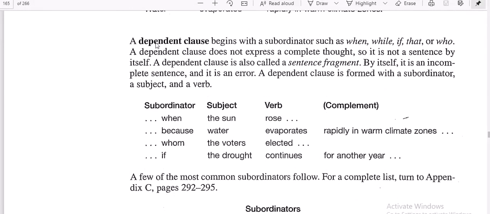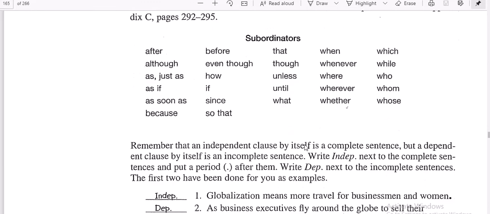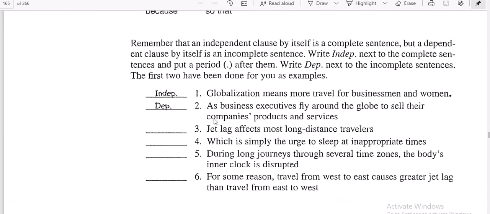A dependent clause starts with a subordinator, which is followed by subject and verb, then complement if it is found. So here this clause starts with a subordinator, which is followed by the subject. The subject here is business executives and the verb is fly. So this clause is dependent because it begins with what? With the subordinator as.